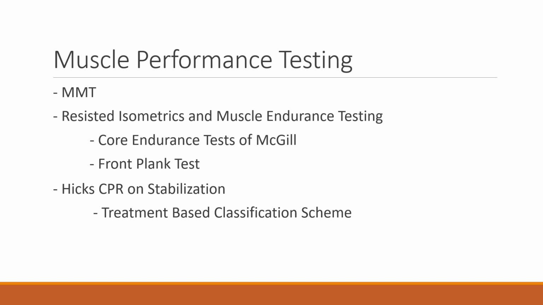And then, as part of the treatment-based classification scheme, we did talk about a particular group of patients who would fit primarily into the spinal stabilization group, and that's based upon a clinical prediction rule developed by a physical therapist named Gregory Hicks. And so we'll take time and review that as well again.